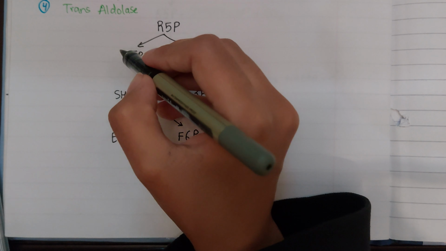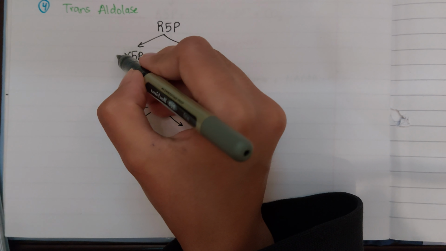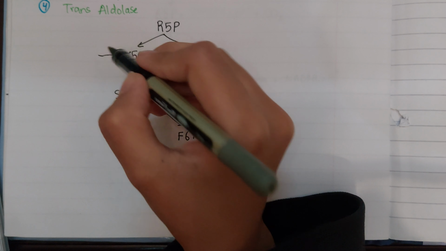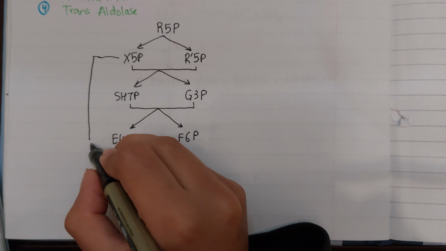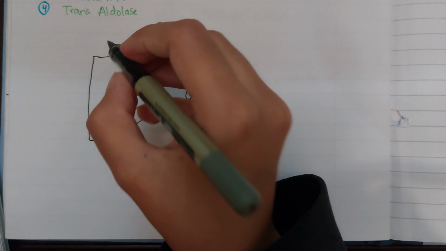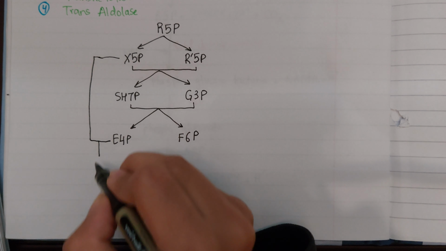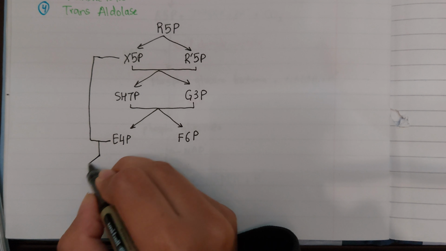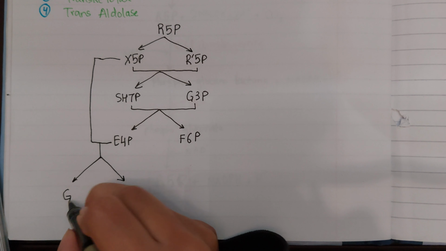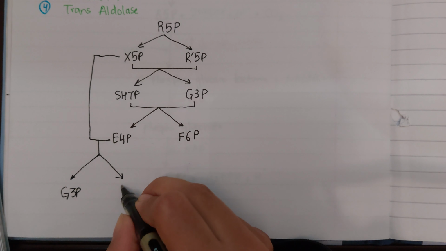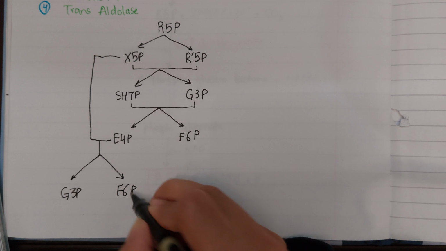And now this xylulose from the first reaction combines with erythrose 4-phosphate to produce glyceraldehyde 3-phosphate and fructose 6-phosphate.